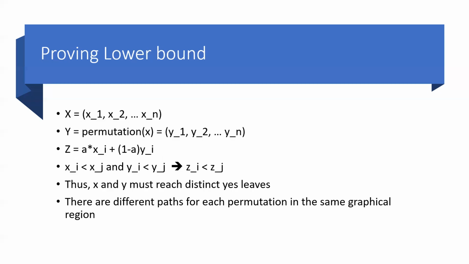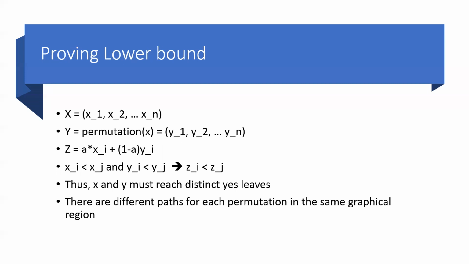So we have our array of n numbers. We can assign them all as x1, x2, x3 until xn. Then we can also get a y array that is a permutation of x such that it's not the exact same permutation.